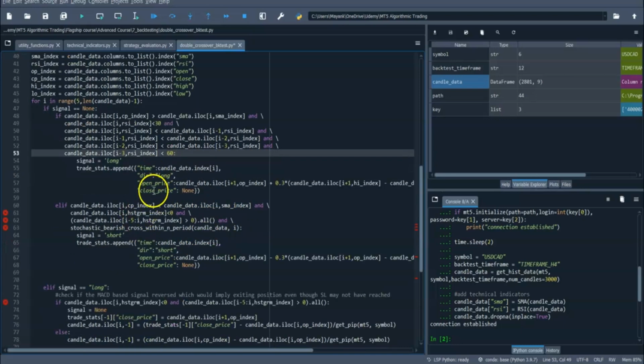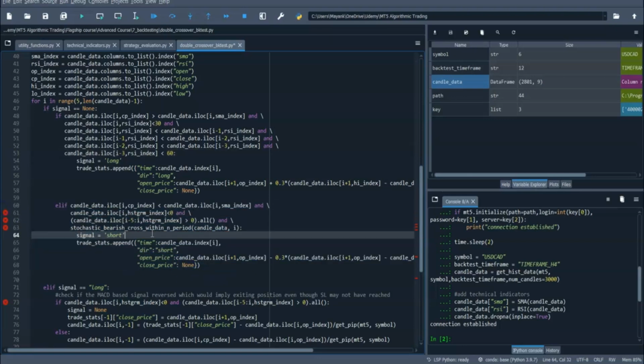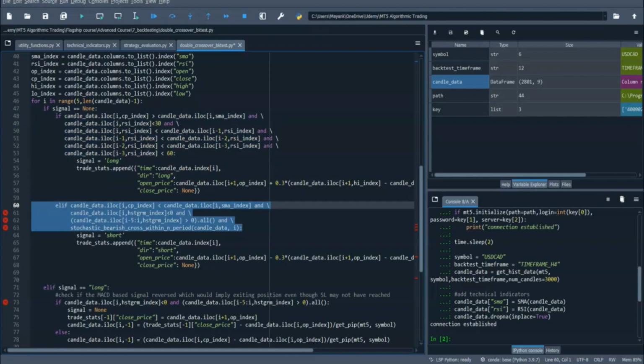Although the blog that we referred to didn't mention anything about the short signal, I'm anyway going to incorporate that in this backtesting template. If you want, you can comment this out. But just for the sake of consistency and completeness, I'm going to include both long and short signal using similar logic. Alright, so let me copy this whole thing, paste it here.